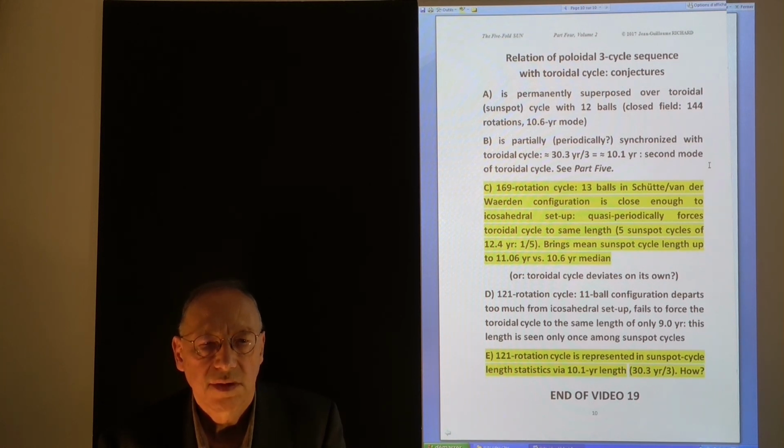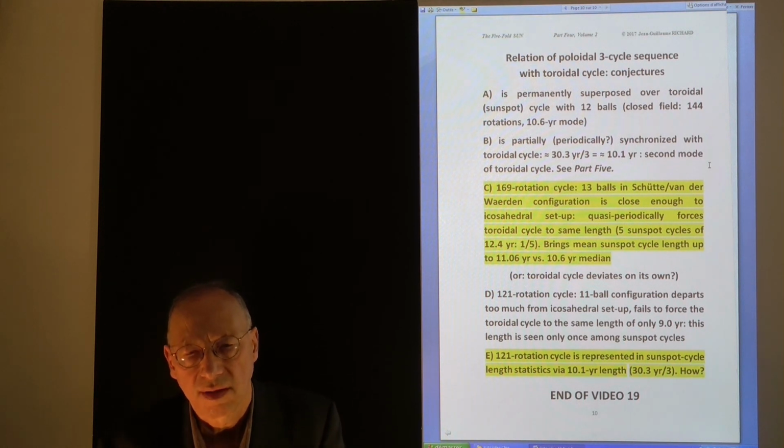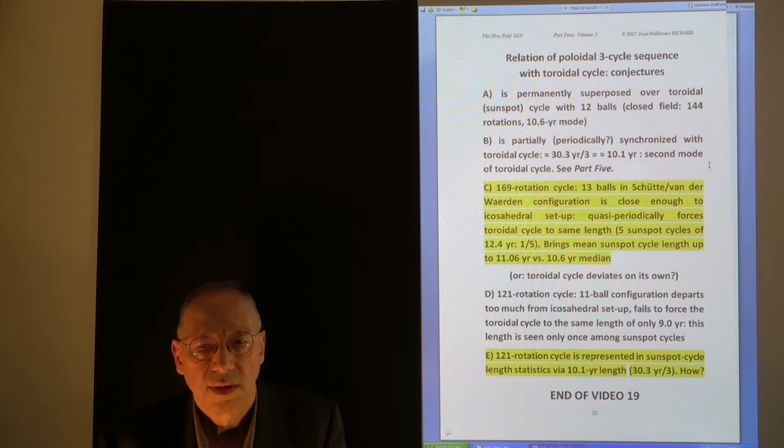Finally, the 11 and 21 rotation cycle in the poloidal cycle with 11 balls departs very much from the icosahedral setup, and following the rationale about the 13-ball cycle, unlike the former, this short cycle would fail to force the toroidal cycle to the same length of only 90 years. This would be why this length is seen only once among sunspot cycles.